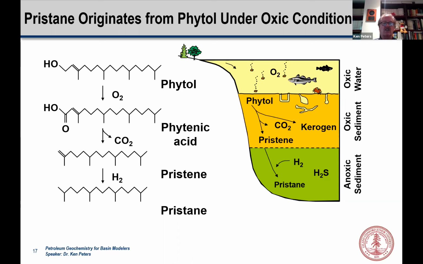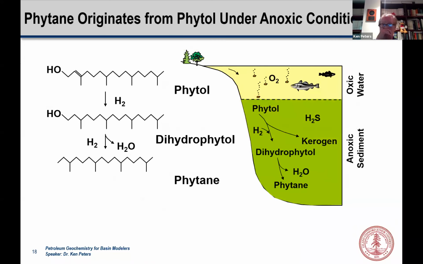And of course, once it gets into this reducing setting, that double bond will be reduced. It'll pick up hydrogen. And so we've ended up with one less carbon atom. We go from C20 here down to C19 here in pristane. Something different happens under reducing conditions.